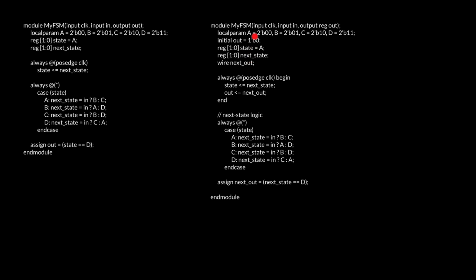It might be that we can change the state representation yet again. If we want to eliminate output glitches, we must have that out is part of the state, but maybe we can simplify our state representation, our ABCD. Maybe we can reduce it.